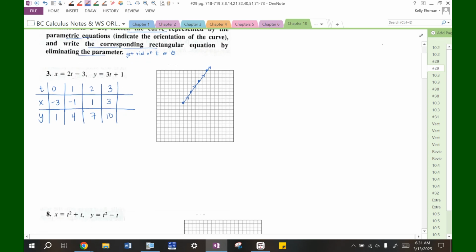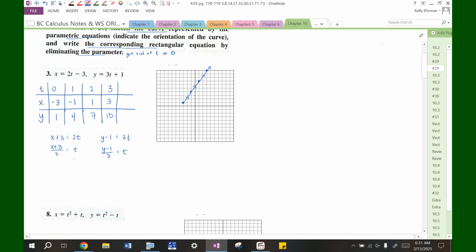So for these two equations, it's easy to isolate the t, so I'm going to do that. So x plus 3 could equal 2t, and then x plus 3 over 2 could equal t. In the other equation, y minus 1 could equal 3t, and then y minus 1 divided by 3 could equal t.